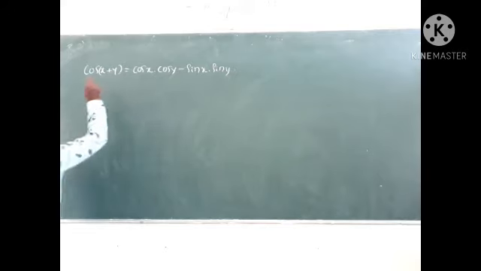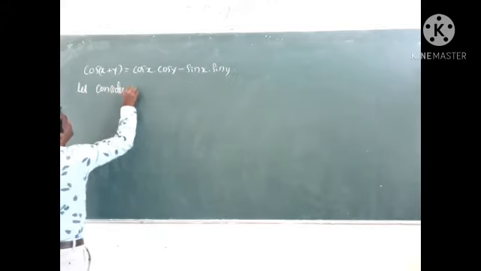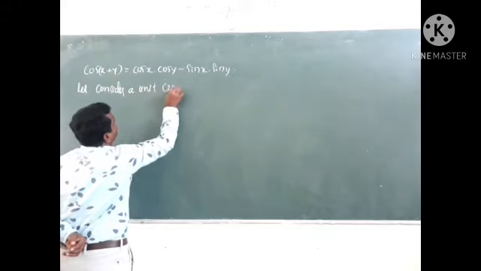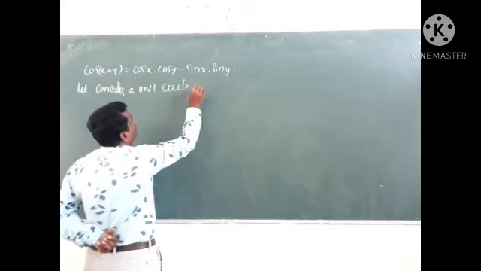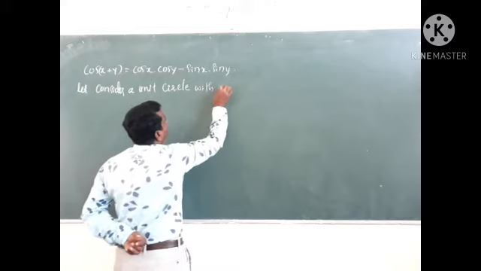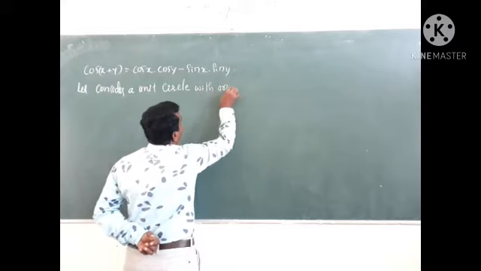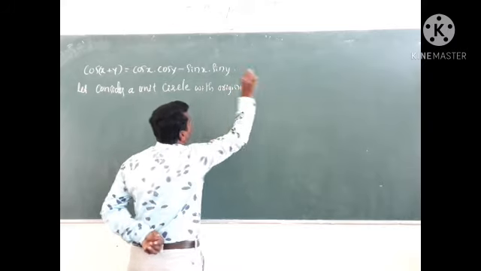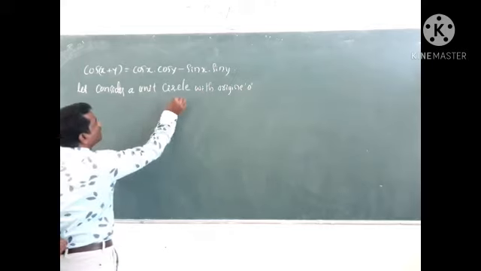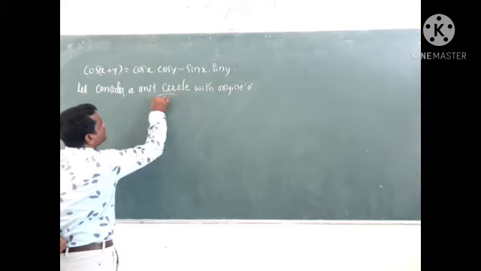Let us consider a unit circle with origin O. Here we need a diagram, which is essential and compulsory.